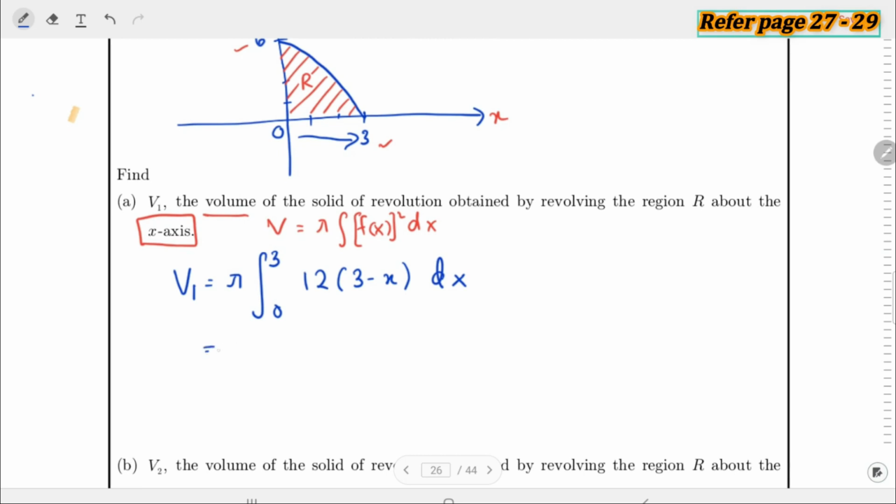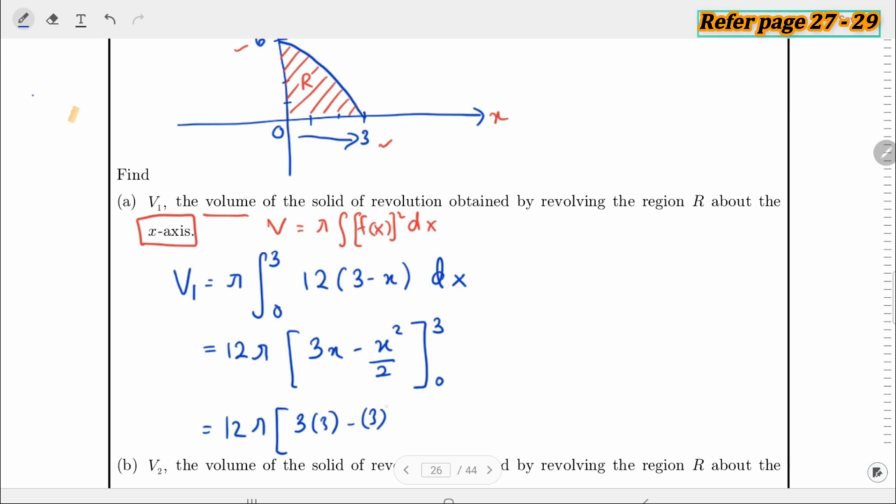Since 12 is a constant, I can take out the 12, so 12 pi, then inside, integrating 3 gives 3x, minus x squared over 2, from 0 to 3, so equals 12 pi times (3 squared minus 3 squared over 2, minus 0). So the volume is 54 pi units cube.